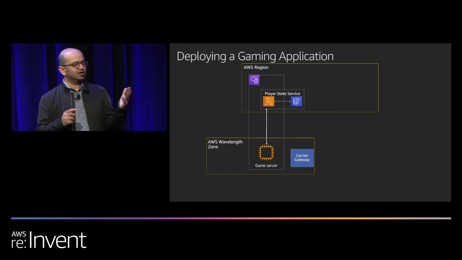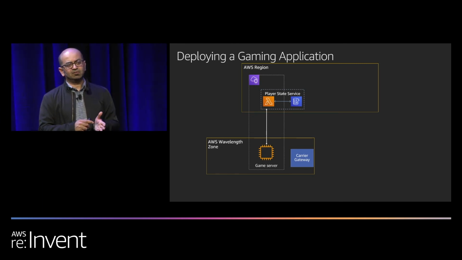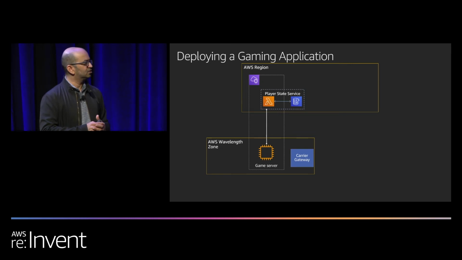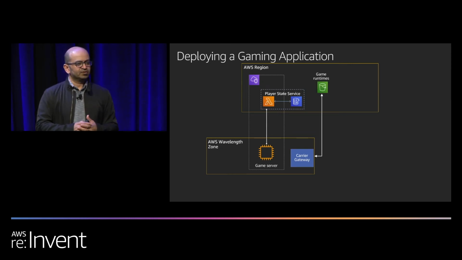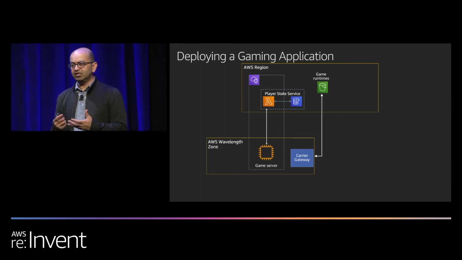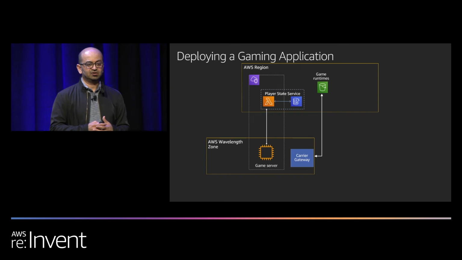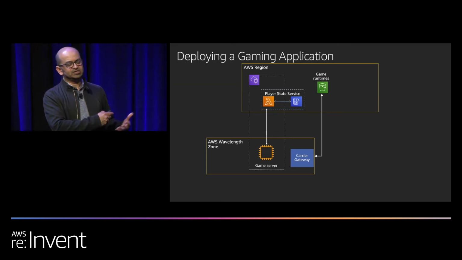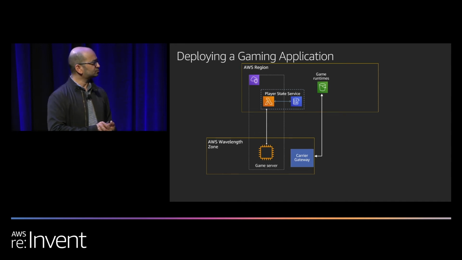You could have components that are outside of the VPC connected as VPC endpoints, or you could have components within the VPC as well. And the gaming image typically would be stored in S3 buckets, and it would be downloaded through the carrier gateway so that those application components can run on instances in the wavelength zone.